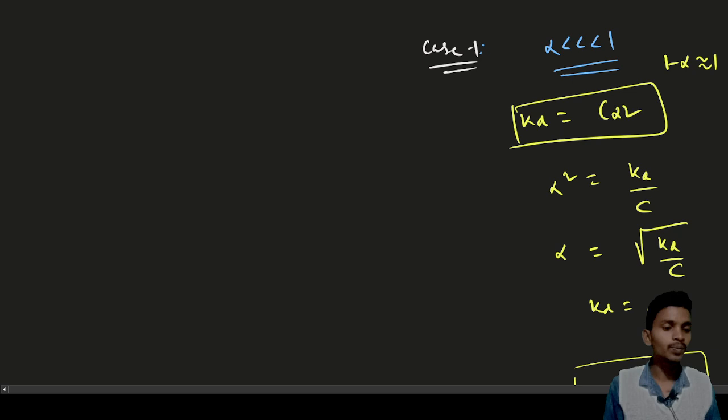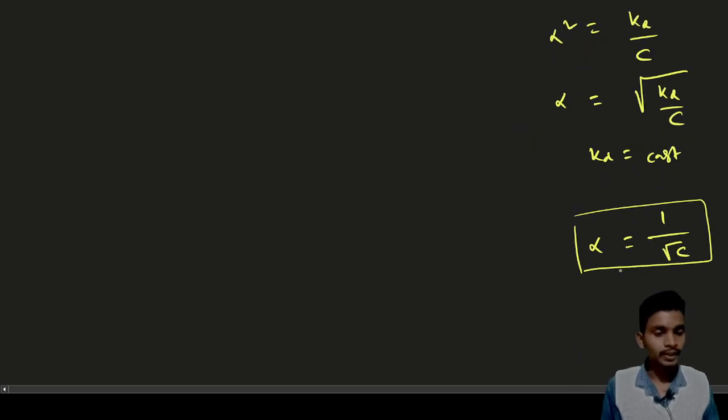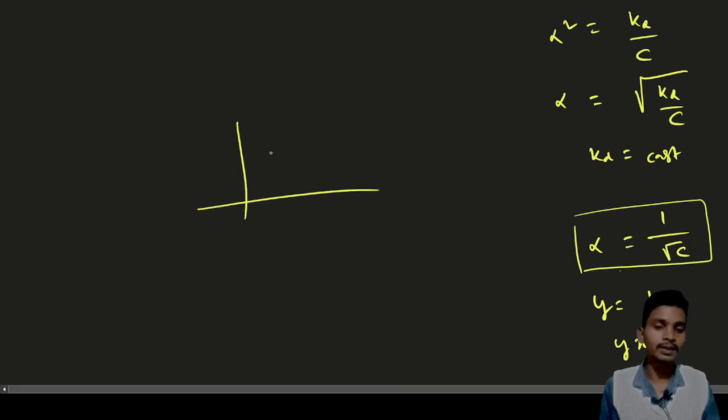Okay. So if we plot this equation, we know that the hyperbola y equal to 1 upon x, then yx equal to 1, so the graph will be this.